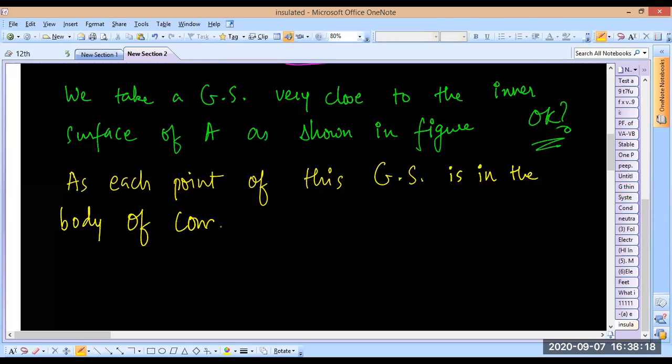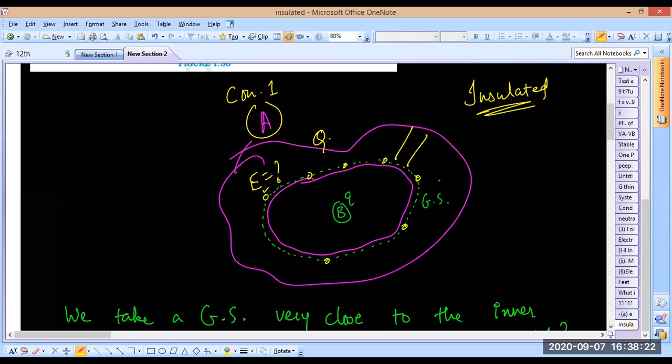I hope you realize that this part of the conductor is solid, right? So it is in the body of the conductor.